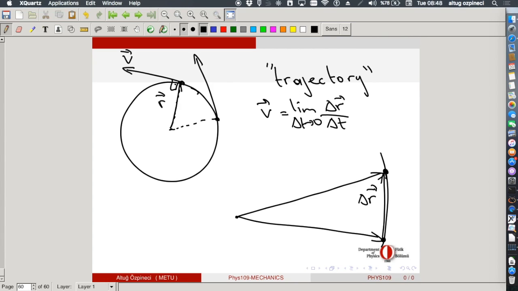So we see that the direction of the velocity and the direction of delta r are the same. Their magnitudes will be different, but they point in the same direction. Now, this is the angle between delta r and the radius vector.